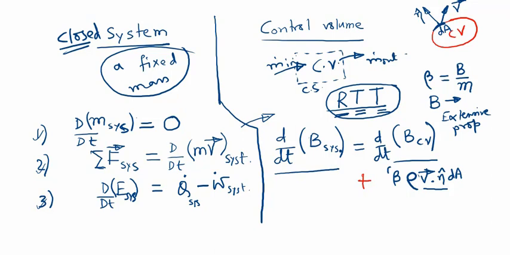Now if you integrate over the whole control surface, suppose this is the area through which fluid is going out, you have to integrate over this control surface where it is going out.